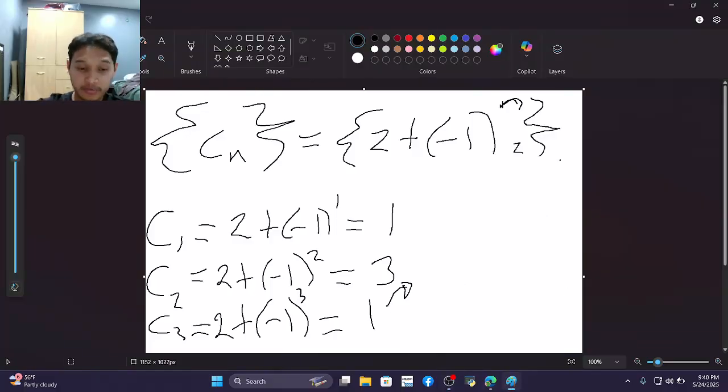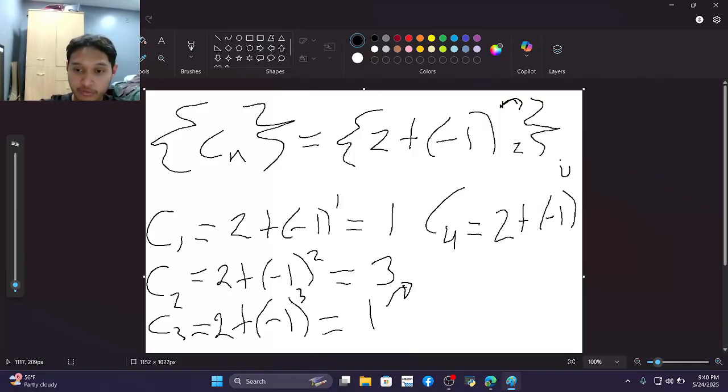So if we keep doing this, we continue with c sub 4: 2 plus minus 1 to the 4 power. Guess what? It's 3, because this is 2, 4, 6, 8, 10, we always get a positive number.